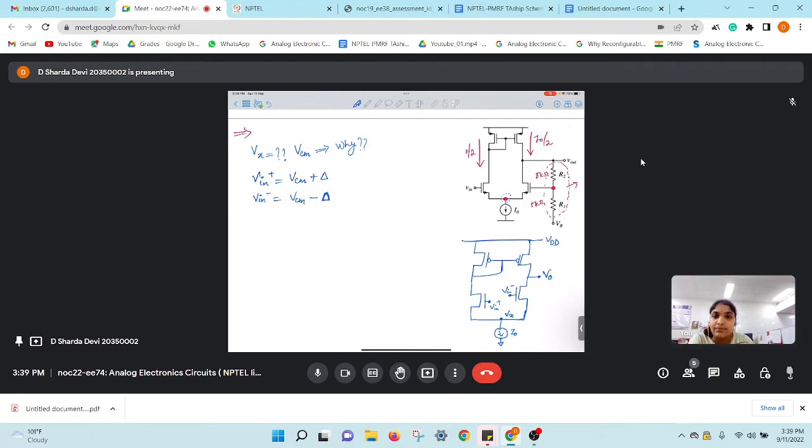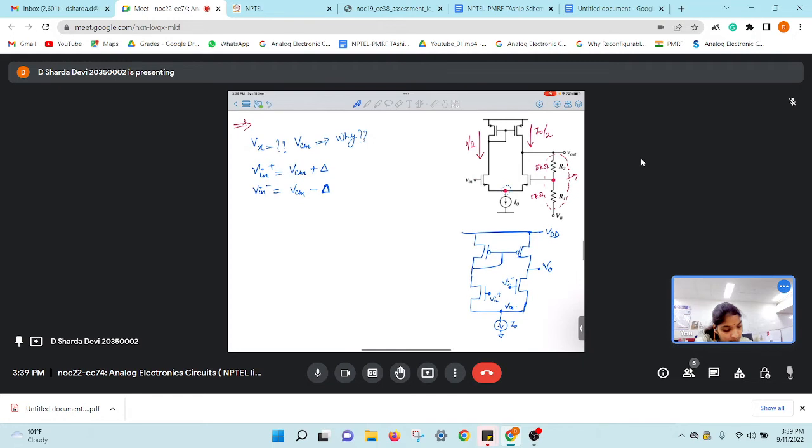Because in that down branch, the I naught branch, when we make the small signal model, the current is 0. So that point should be Vcm, because then only the left side current and right side current will be equal and opposite.